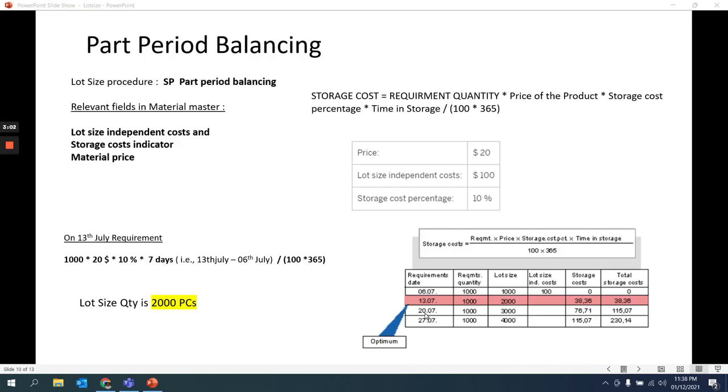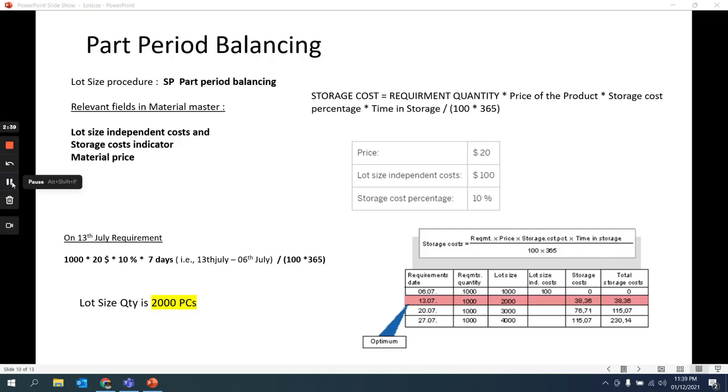In the same way, system calculated the storage cost on 20th of July as 76.71. The total storage cost until the 20th of July is 76.71 plus 38.36, that means $115.07, which is more than the lot size independent cost maintained in the material master.